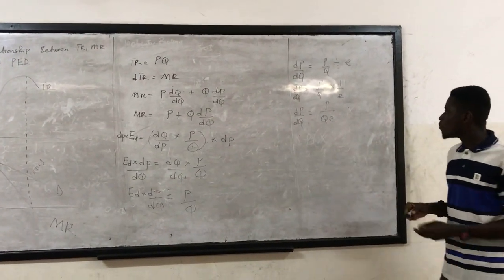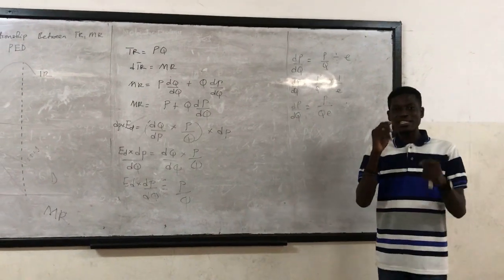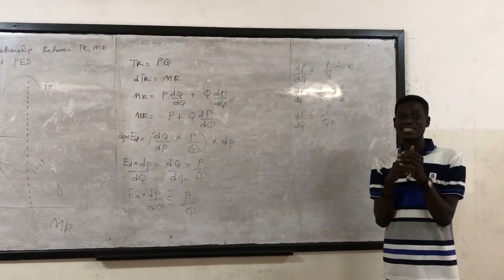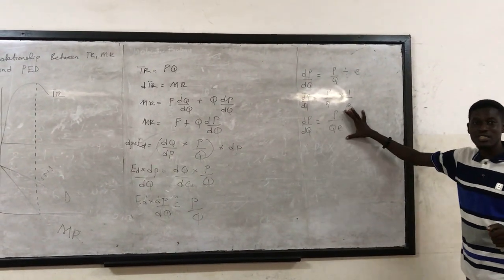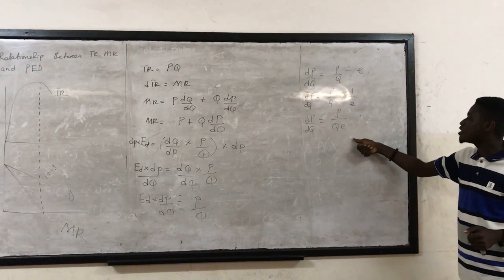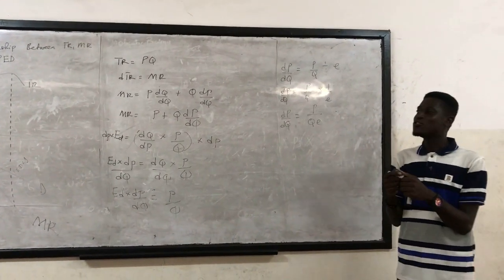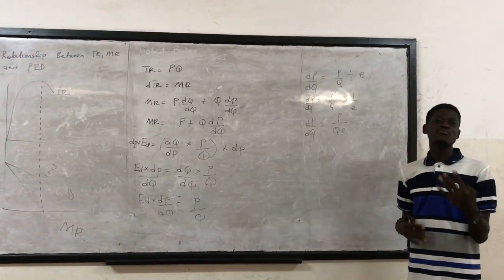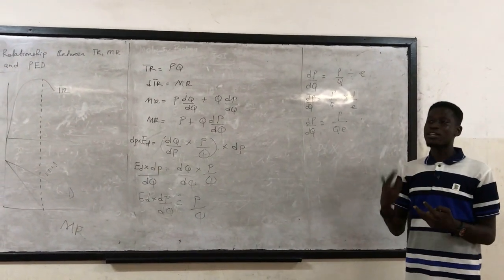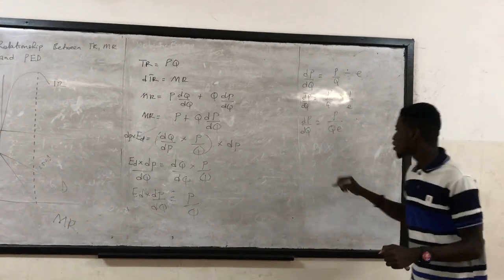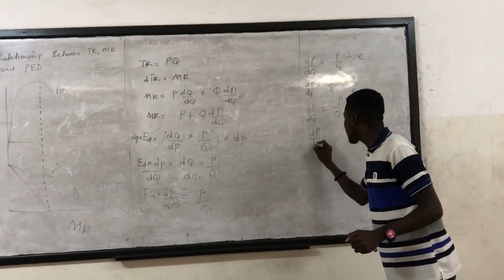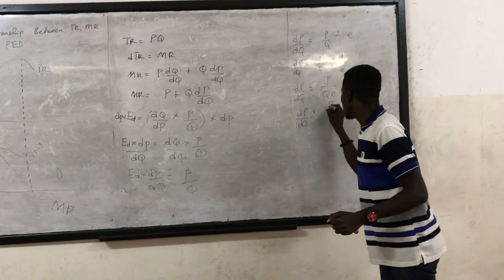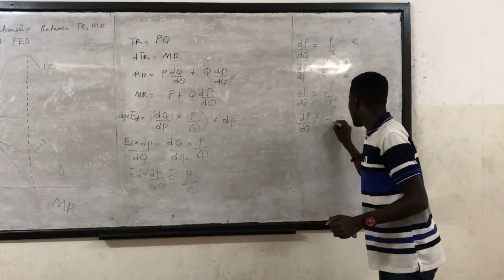Right? But now, because the relationship between price and quantity is negative, after you have established this relationship, you change the elasticity sign such that you attach a negative sign to it to show that whenever there is an increase in price, less is demanded, and whenever there is a fall in price, more is demanded. So dP over dQ is now equal to price over negative Qe.